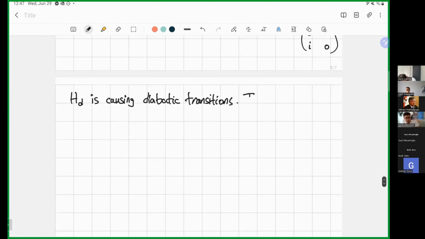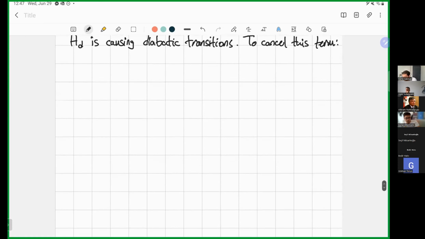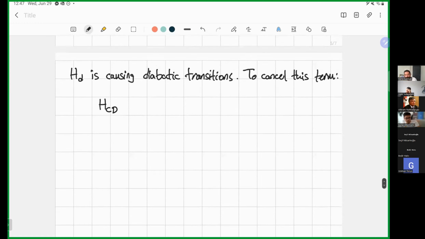To cancel this term, we can do the following. Basically, we would like to introduce an H_CD such that when we transform it to the rotating frame, when we apply U dagger U to it, it would give us minus H_D.